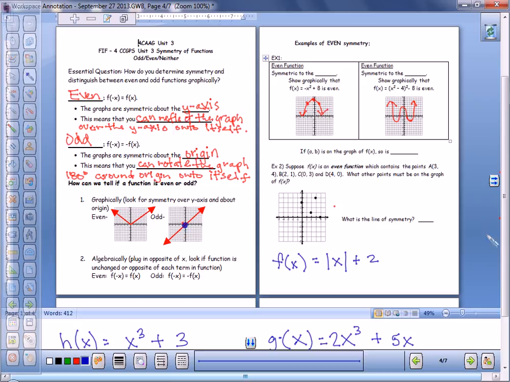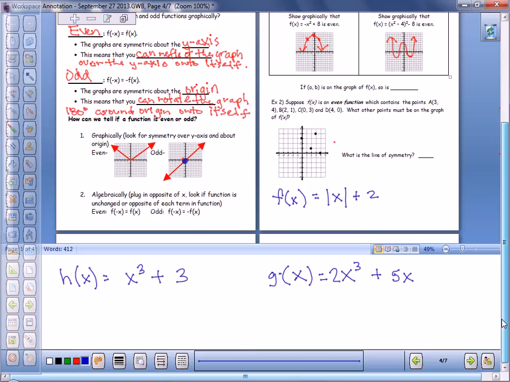Why can't you reflect across the x-axis? That is not even or odd. Yes, you can. These are not the only types of symmetry. We could have a function that is symmetric across the x-axis. Would it be a function if it's symmetric across the x-axis? No, it would fail the vertical line test, wouldn't it?